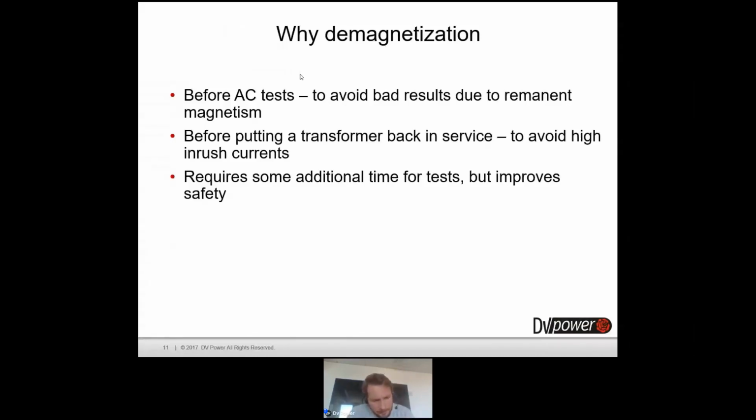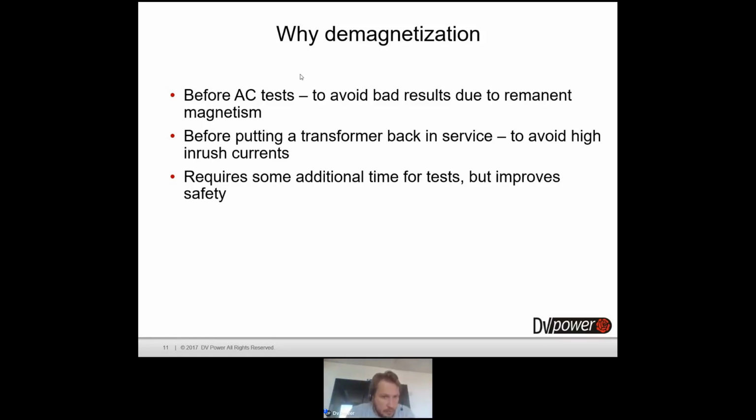And here you will also find one answer to a question you may have, because previously it was always recommended to perform AC testing first and DC testing as the last test. Why? Because when we use a DC test, we will magnetize the core and we will affect AC.